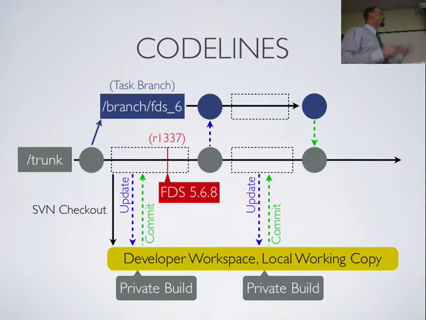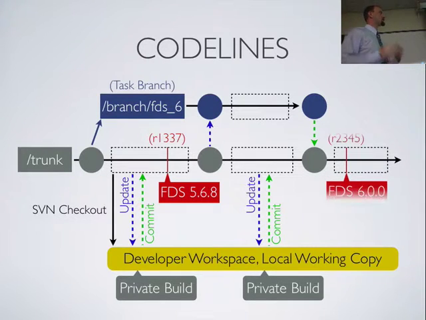So now the trunk is significantly altered by that task branch, and the task branch is ended. We don't need that anymore. We have a history of all the effort, but it doesn't have to continue any longer, and we just continue on the main line, with future development, and at some point we decide at revision 2345 that is FDS 6.0.0, and we release that package.